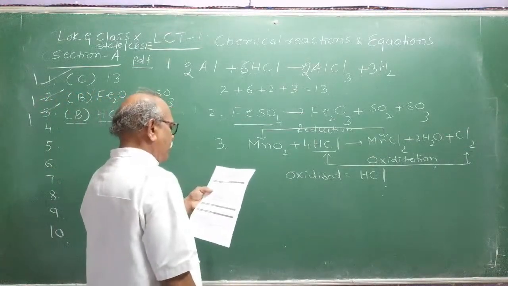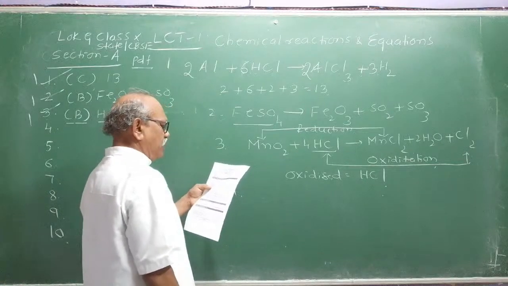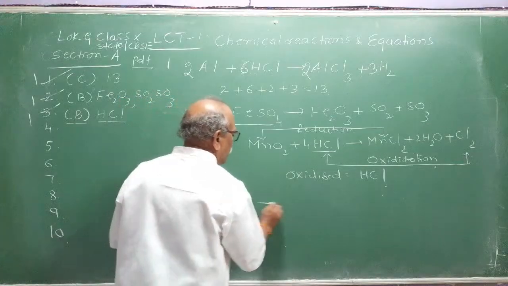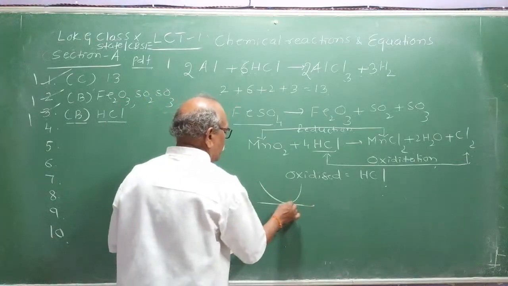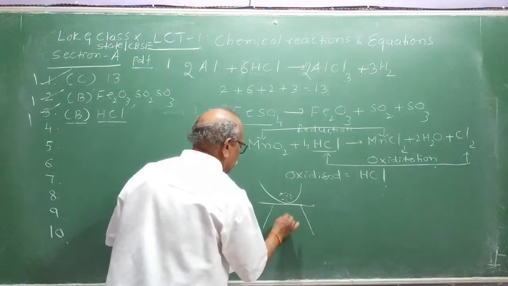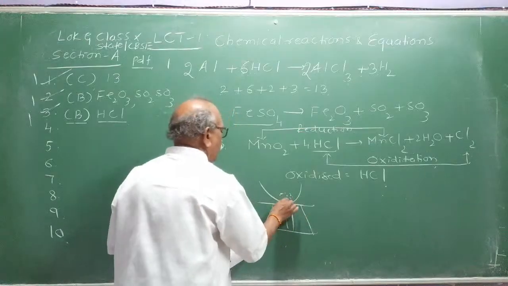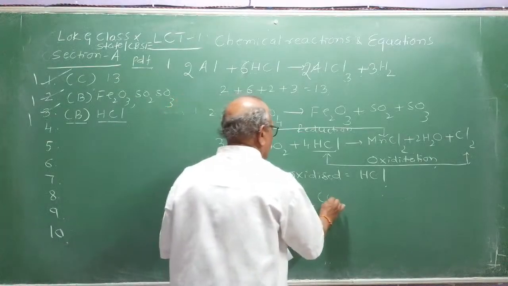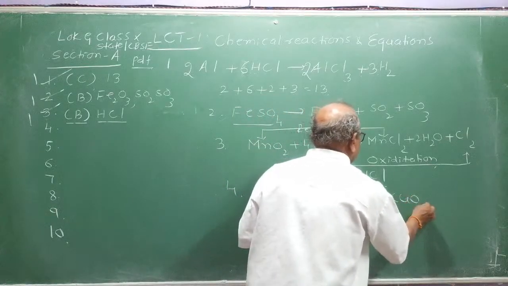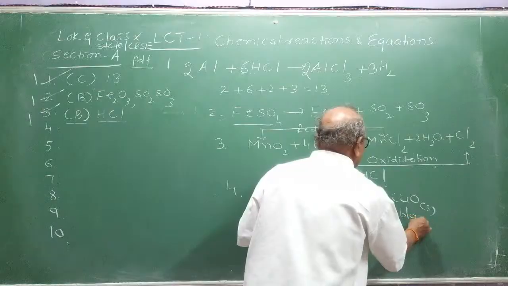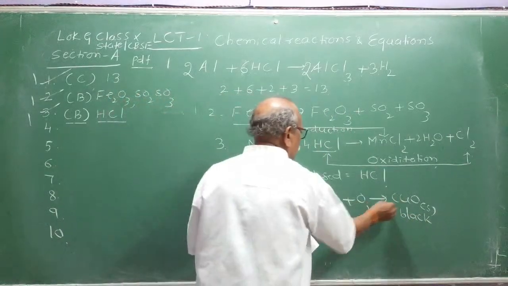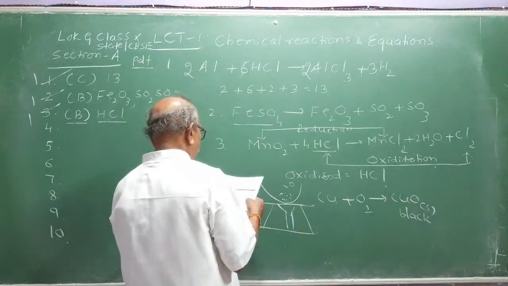A black solid becomes reddish brown when hydrogen is passed over it at high temperature. Look here, when you take copper turnings, this is a redox reaction experiment. When you heat copper in the presence of air, it reacts with oxygen, forming black colored cupric oxide solid. It is an oxidation reaction.